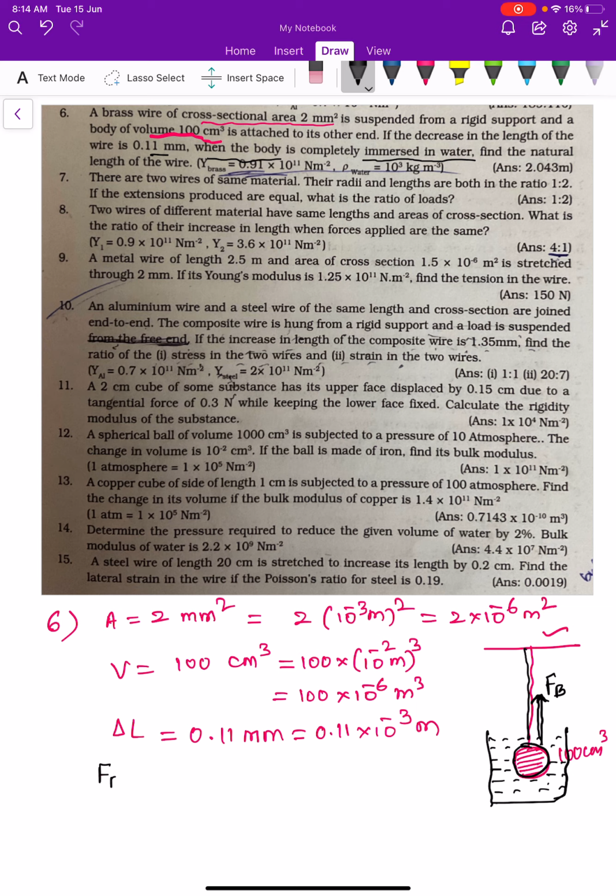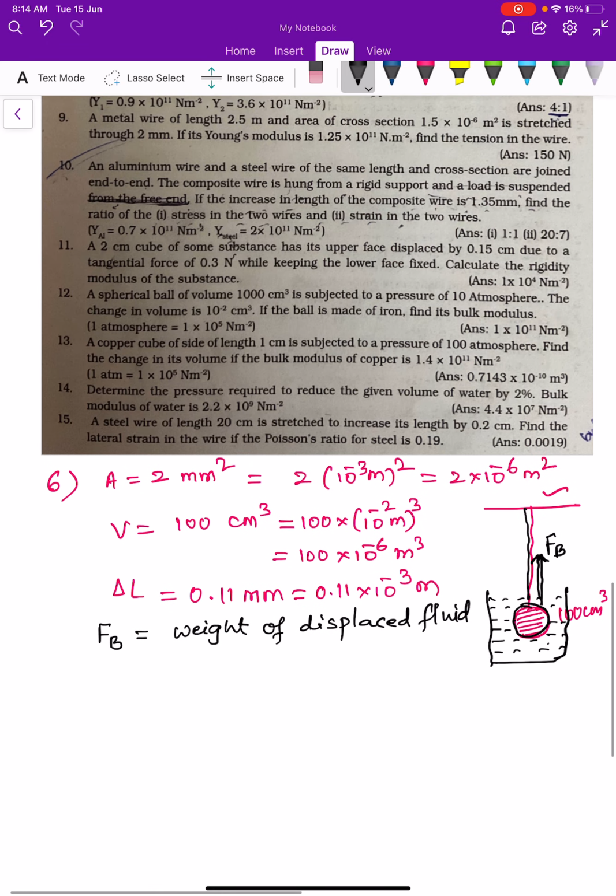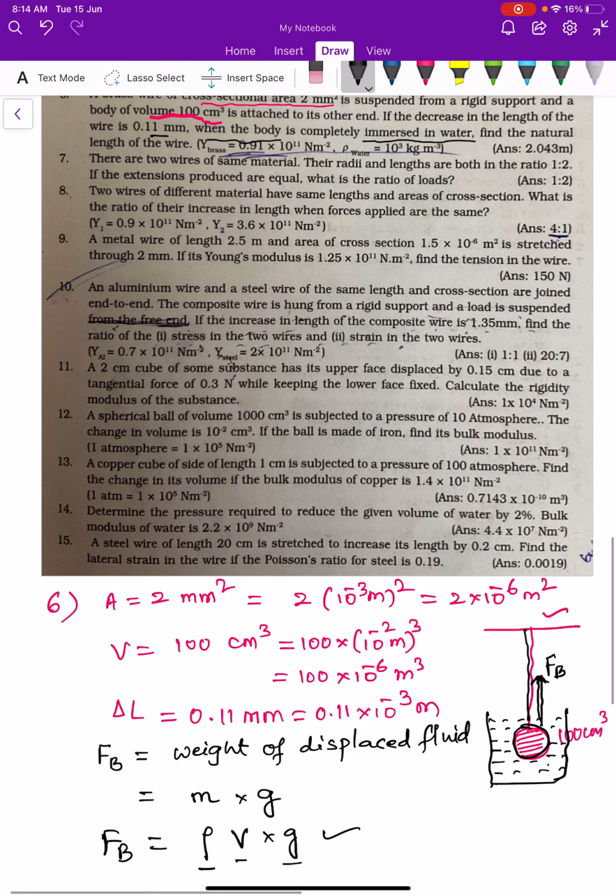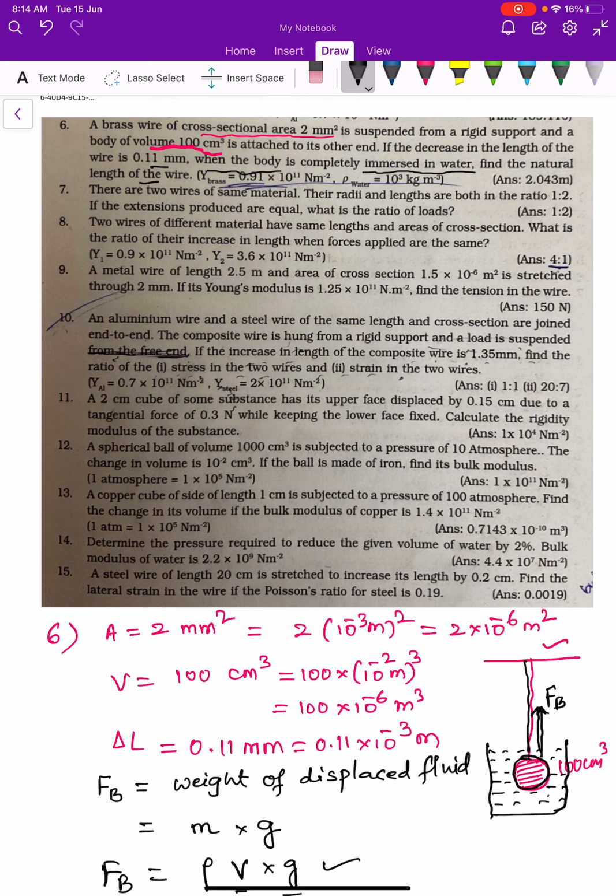We will discuss buoyancy force in detail in the next chapter. Weight is mass into acceleration due to gravity, and mass is density into volume, so the buoyancy force is density into volume into g. The deforming force is nothing but the buoyancy force. The question is to find the natural length of the wire.